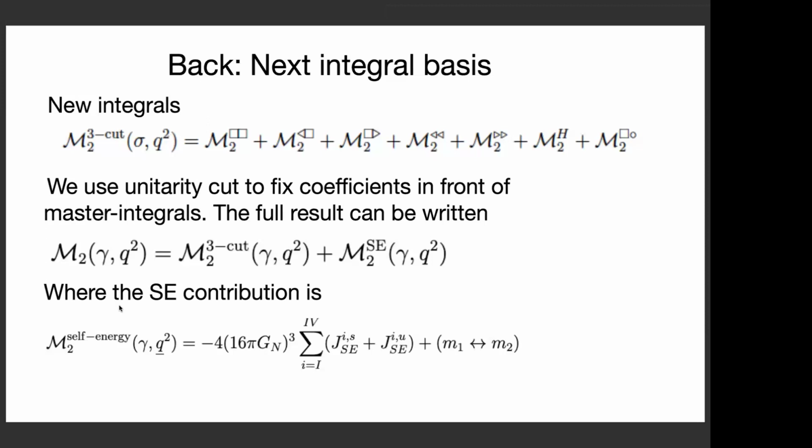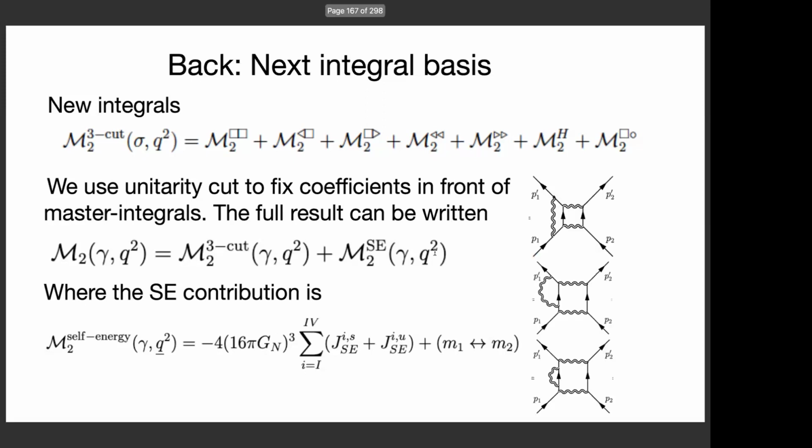So here in the self-force contribution, we get a self-energy amplitude, which is the sum of various diagrams that involve the one loop, but with some graviton emission on the same side of source. So it's like a correction to the source one loop amplitude.